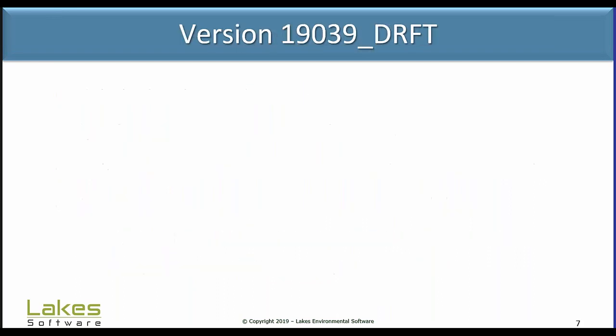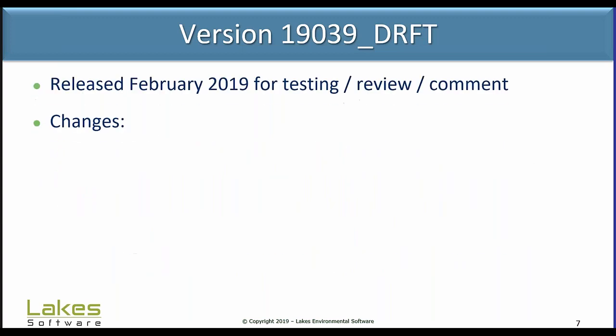Now, earlier this year, back in February, there was an update made to the AERSURFACE tool. It was dated 19039_DRFT, so it is a draft release. It is not currently approved for regulatory use within the United States, but it was released for testing, review, and comment by the modeling stakeholder community.